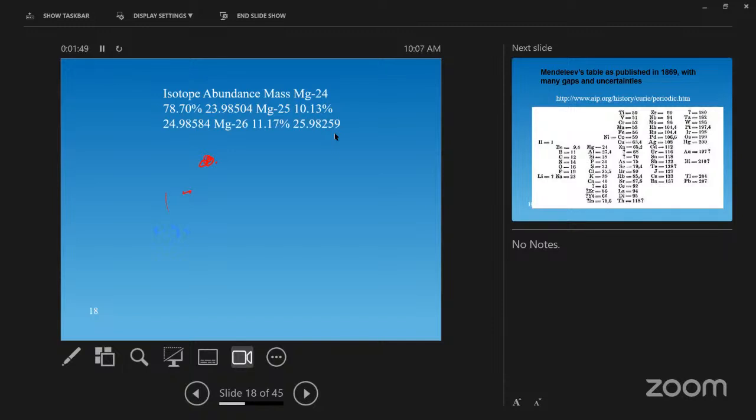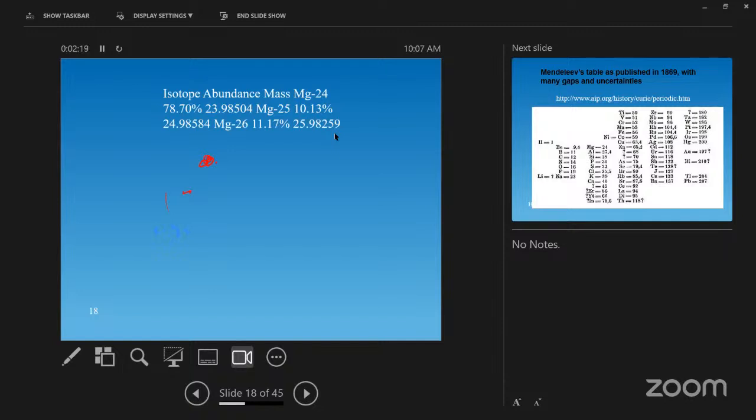0.7870 times 23.985 should be rounded off to 18.88, and then 0.1013 by 24.9854 should be rounded off to 2.531.